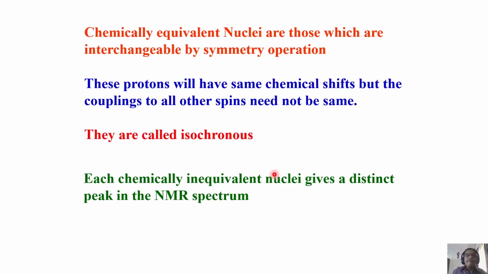Similarly, in a molecule, if there are n number of chemically inequivalent protons, you will get n number of chemical shifts. You understand? Let us say there are 6 different chemical shift functional groups in a molecule. I'm not taking into account the couplings. You must get 6 distinct peaks. Okay.